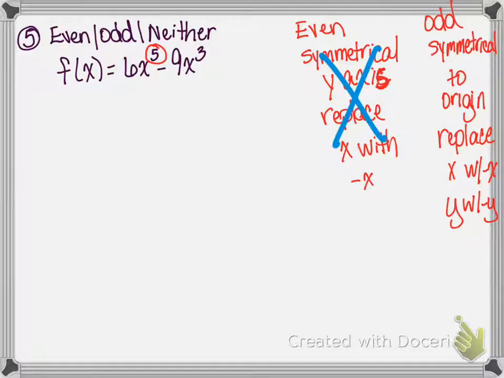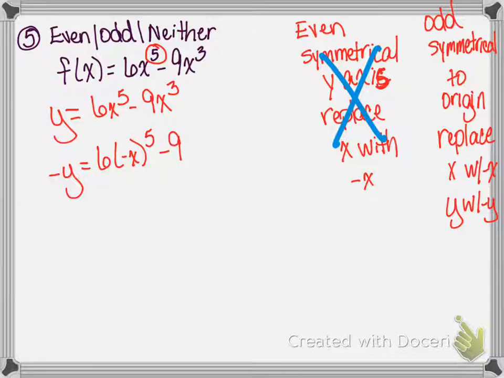I only need to test for odd. The way that I test for odd, I'm going to rewrite this as y equals 6x to the 5th minus 9x to the 3rd. I'm going to replace y with negative y. I'm going to replace x with negative x.